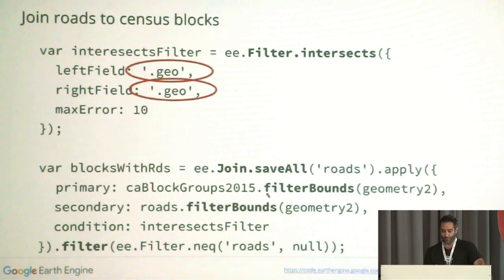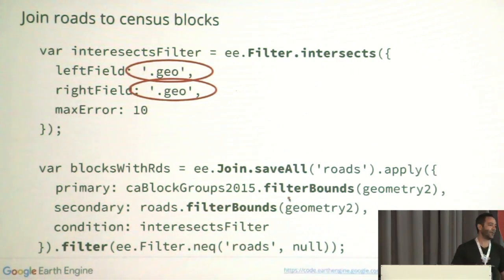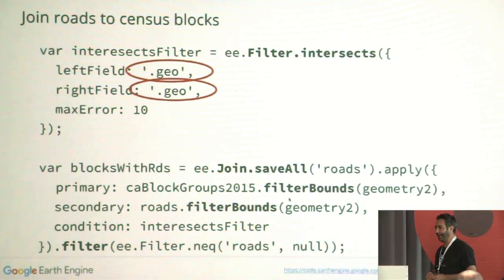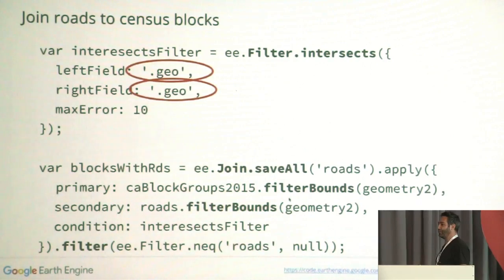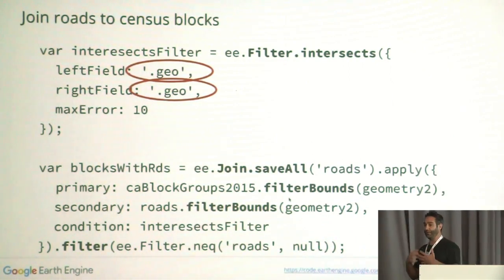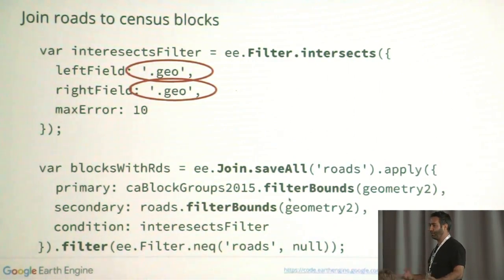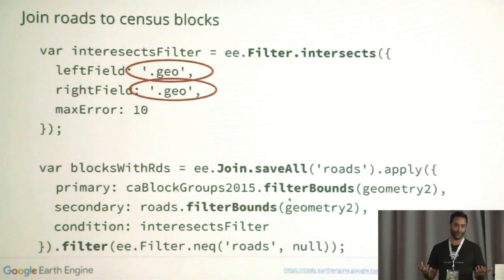And one thing that I want to highlight here is that these are both pre-filtered. So these have been pre-filtered to a non-crazy region of interest. And in general, it's good practice to only do these kinds of operations on the subset of data that you want to be in your analysis.